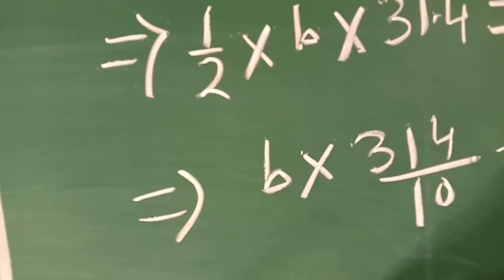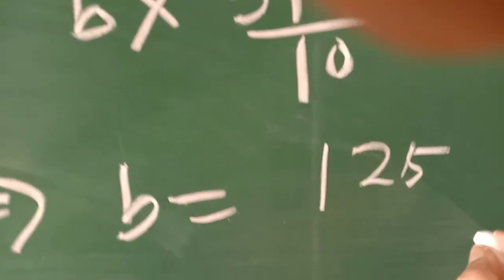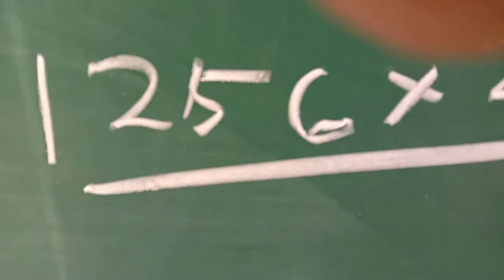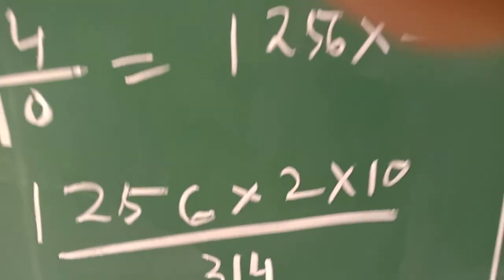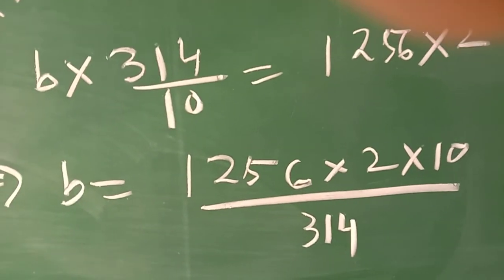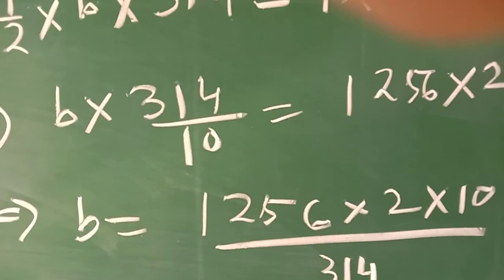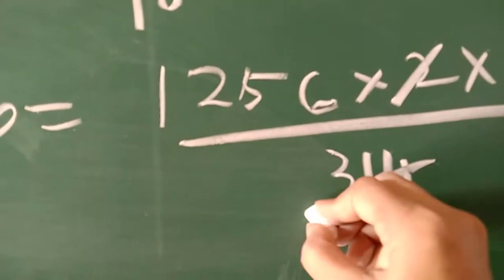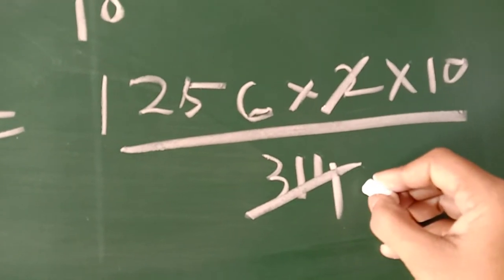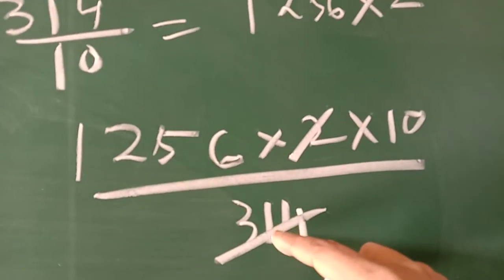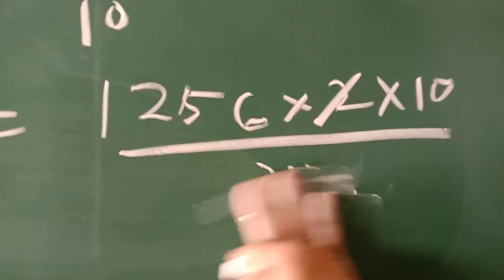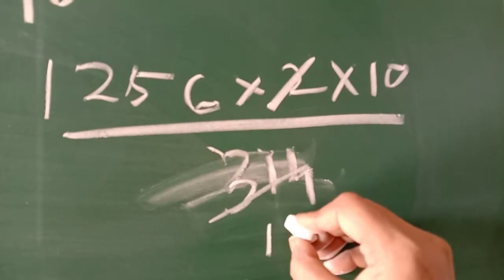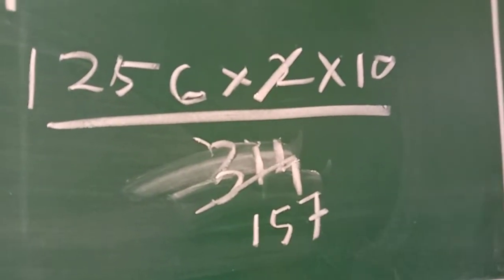Now b is equal to 1256 into 2 into 10 divided by 314. Next, what will you get? Now divide it by 2. 314 you are dividing by 2. 2 ones are 2, 2 fives are 10, 2 sevens are 14.